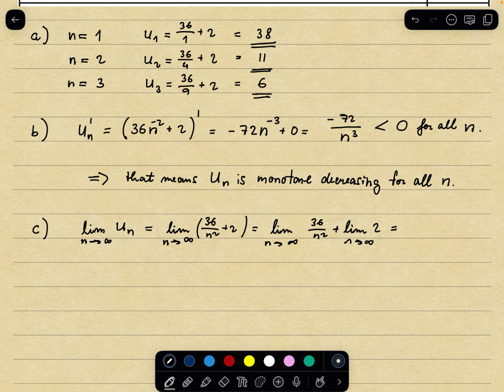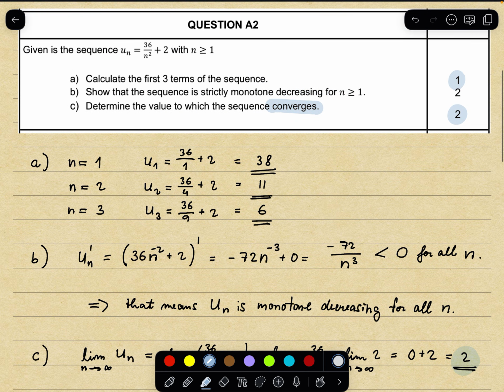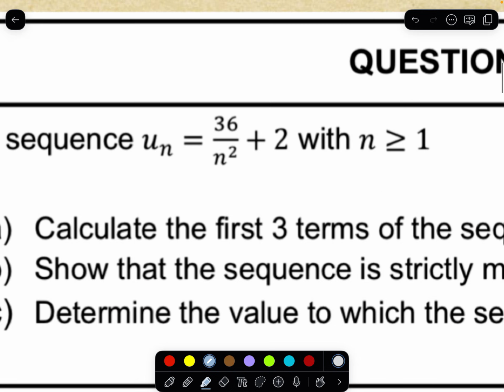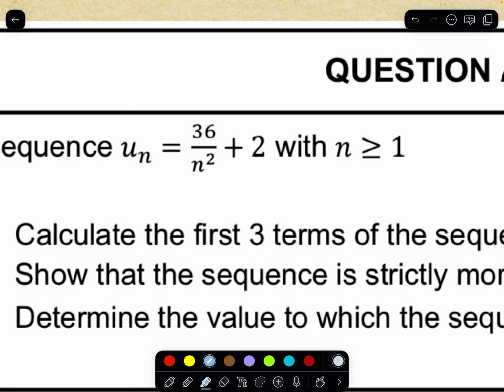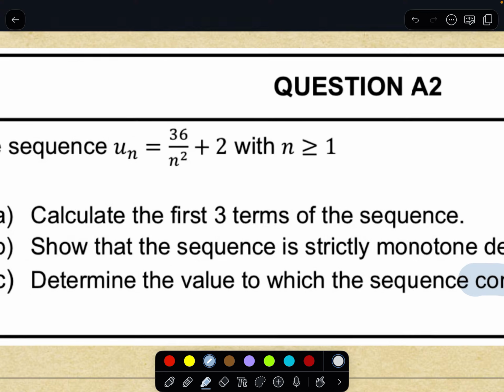So the limit of that first part, of course, as n approaches infinity, will be 0. The limit of 2 will be just 2, and so the limit is 2. And again, you should see this just by looking at that function itself. As n approaches infinity, the first part disappears because it's approaching 0, leaving us only with the 2.